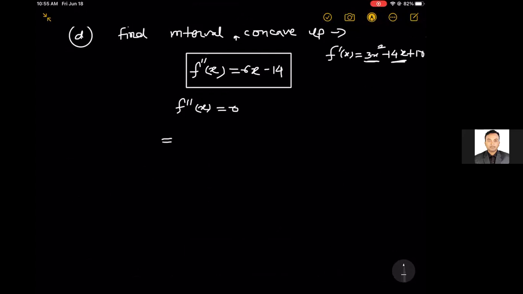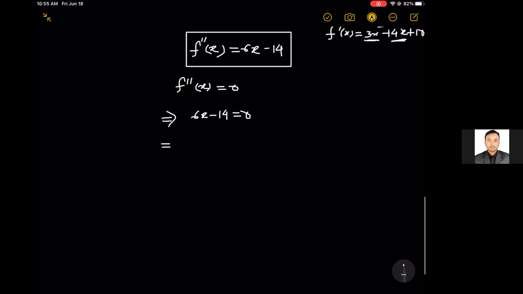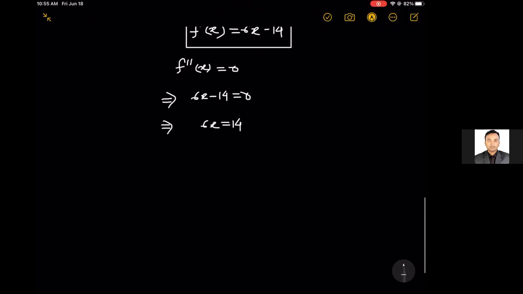So if we set this to 0, 6x minus 14 will be 0. 6x will be 14. So x would be 14 over 6. And using your calculator, can you tell me in decimal what it is? 2.33. That's pretty fast. Very good.